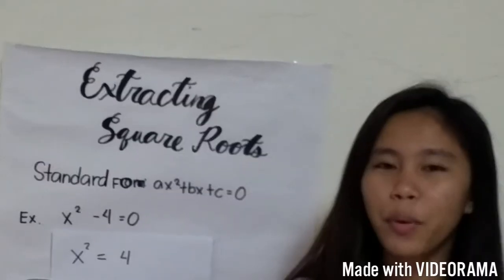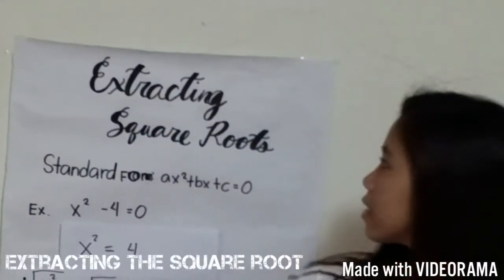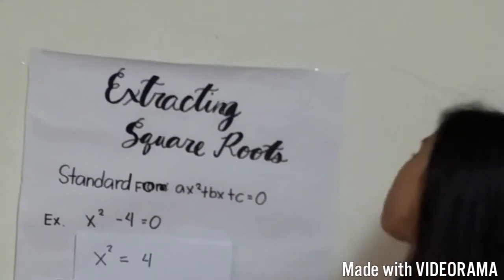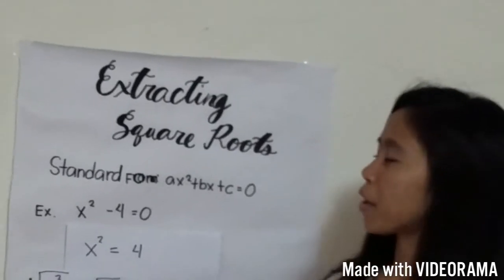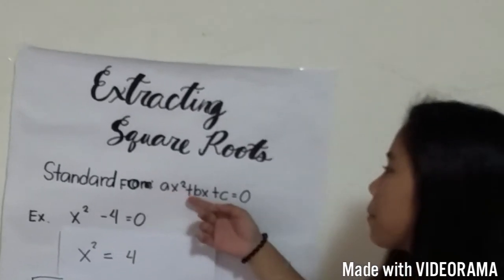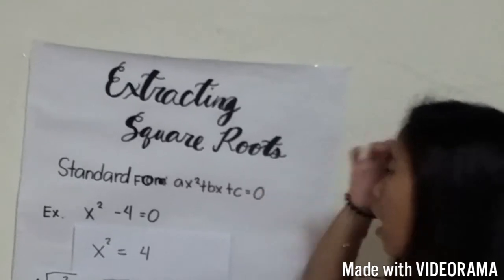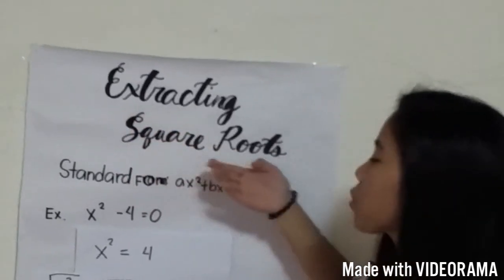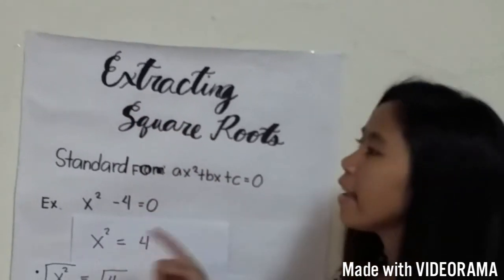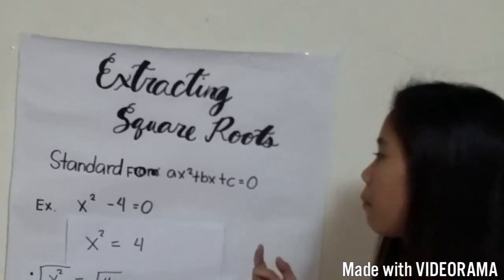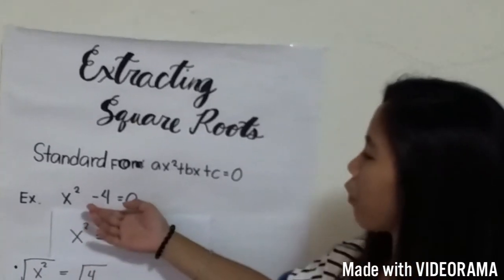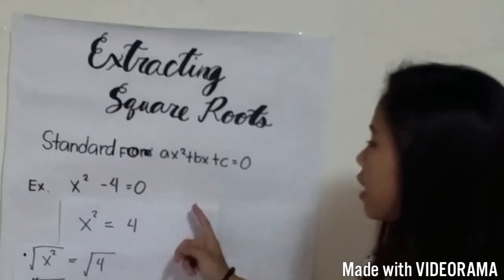Another way of solving a quadratic equation is extracting the square roots. In general standard form, a quadratic equation is ax squared plus bx plus c equals 0. But when we are extracting the square roots, it's only ax squared plus c equals 0. My c is negative 4, so we must transpose it to the other side.